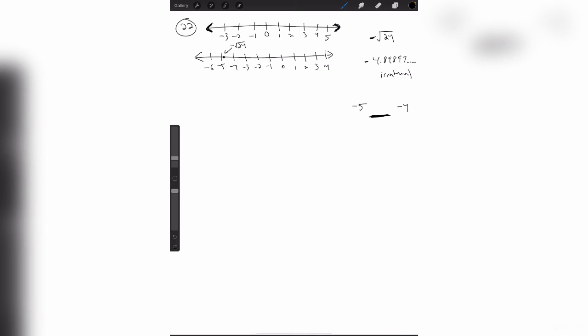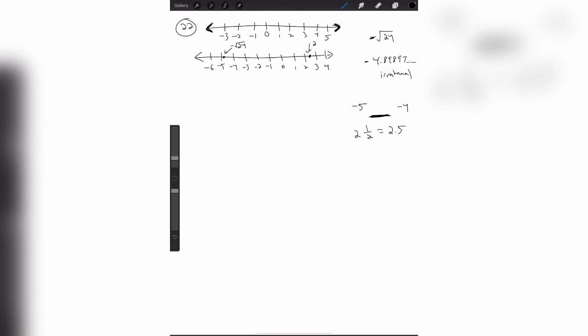All right, so the second one, number 23, says 2.5. So I look for 2, right? And right between 2 and 3, that looks like 2.5 right about there. It doesn't have to be perfect, right?